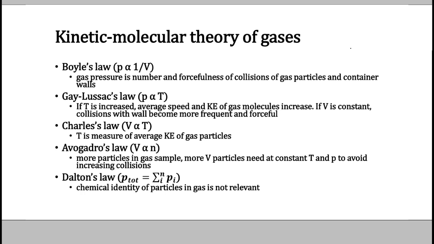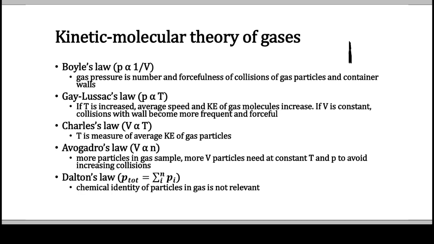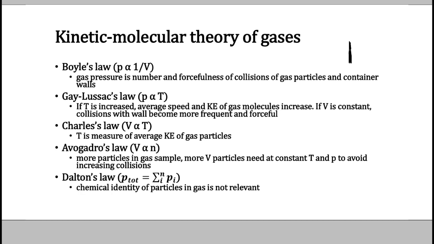So if we have a pressure sensor, a really simplified way of thinking about it is we have a gas molecule coming by and hitting it. Okay, so let's say that one has a pressure of 1.